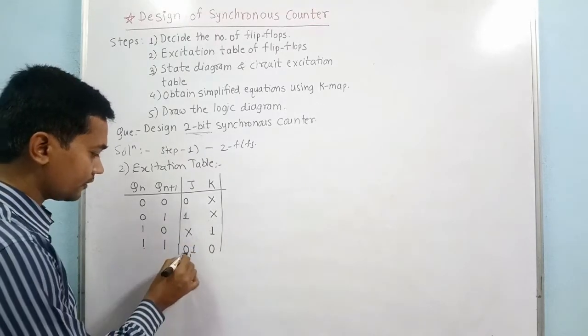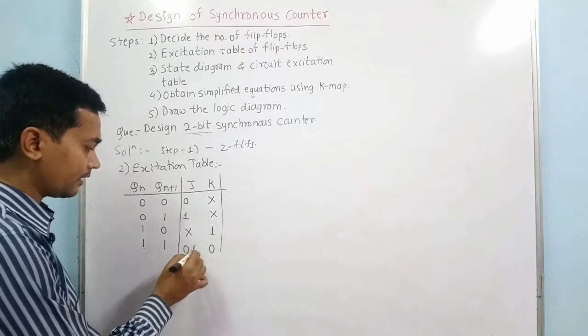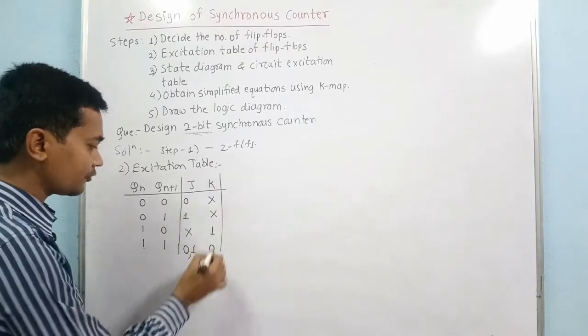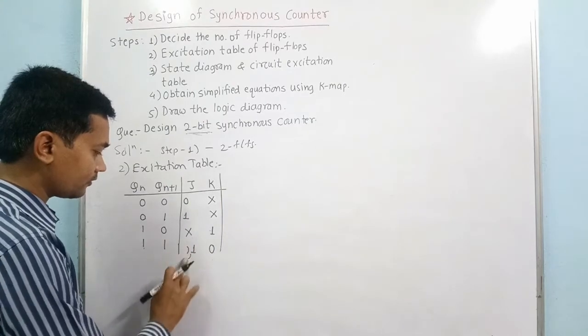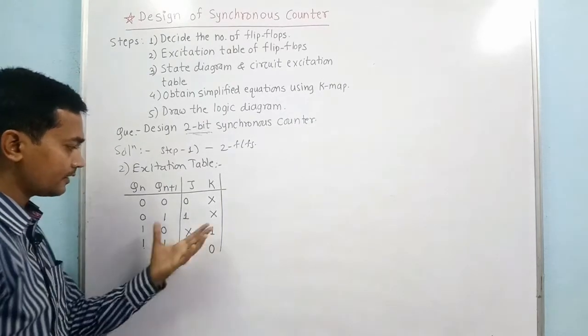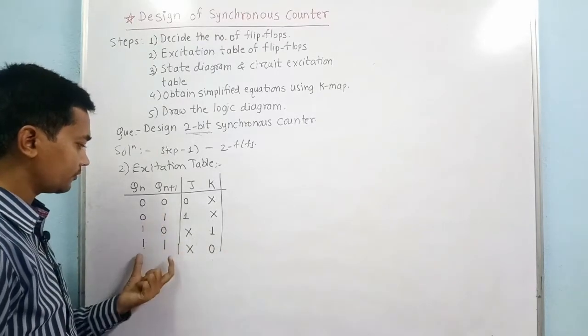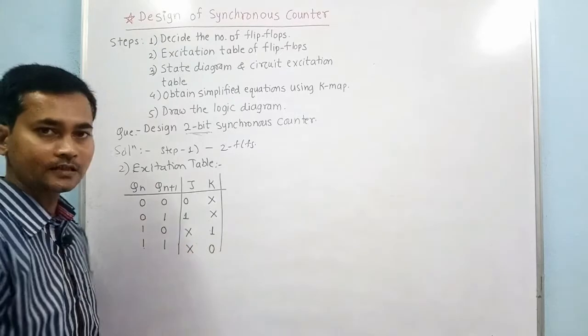Okay, so here 0 or 1, anything can be applied, but K should have 0. So 0 1 means you can write here don't care. Okay, so these are the possible conditions to achieve these outputs. Okay, so this is called the excitation table.